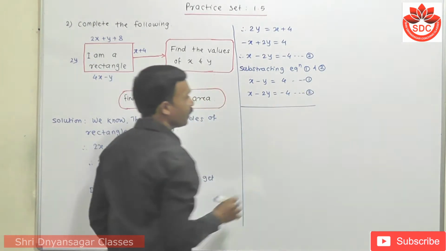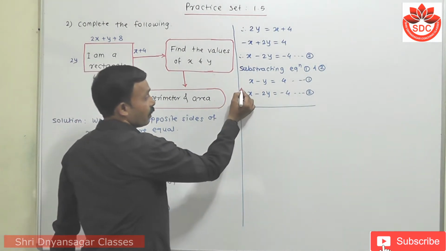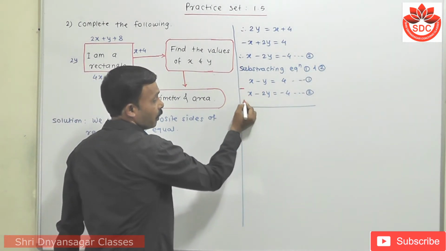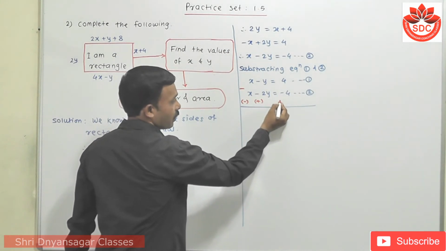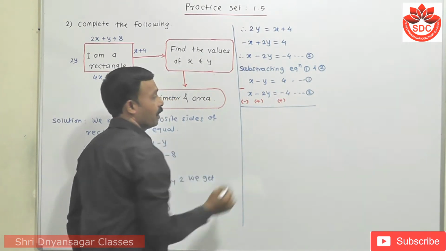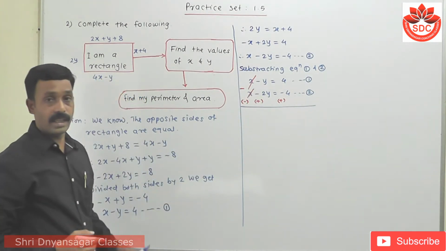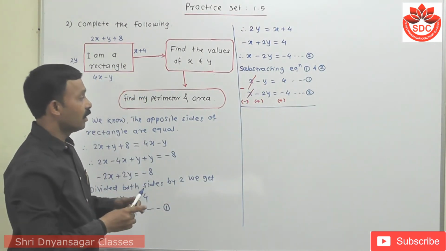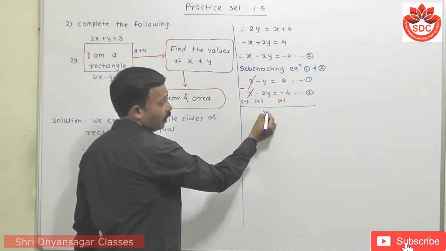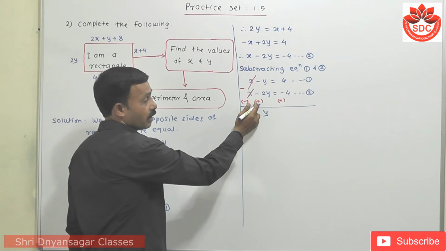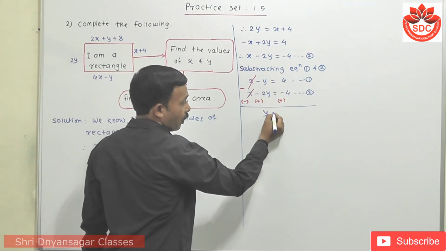Students, when we subtract this, then the signs of the second equation change. So the plus converts to minus, this minus converts to plus, this minus also converts to plus. Now this x and this x get cancelled. Then the addition of the remaining variable is plus 2y and minus y becomes only 1y, having a positive sign because here is plus for this 2y. Then 4 plus 4 is equal to how much?